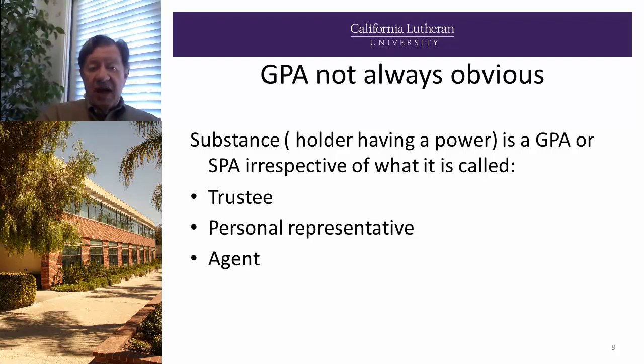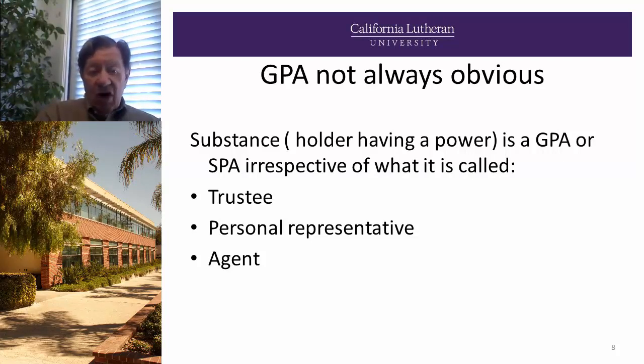GPAs are not always obvious. Remember, we go by substance, not form, when we deal with taxes. And if the holder has a power, it's a general power of appointment or a special power of appointment, irrespective of what it is called. And that could be a trustee, it could be a personal rep, it could be an agent.